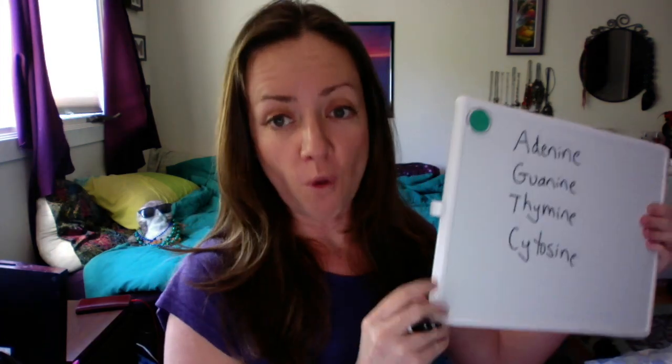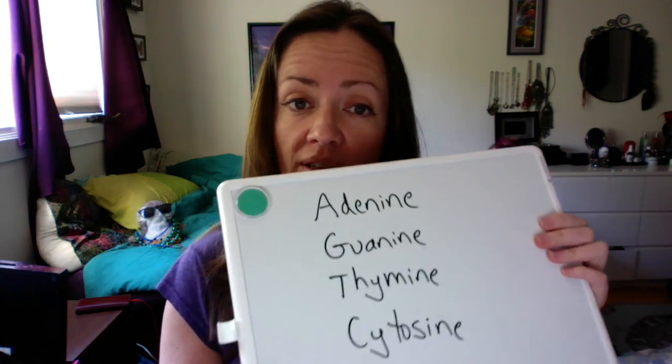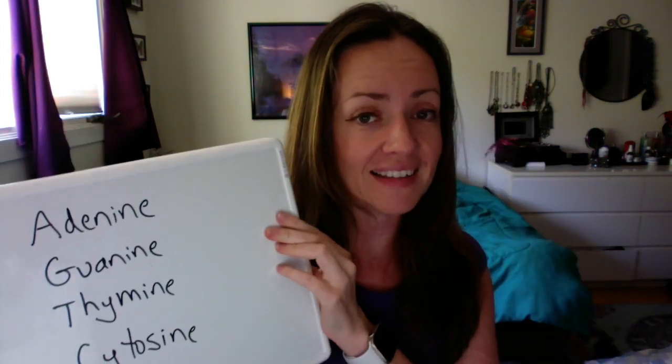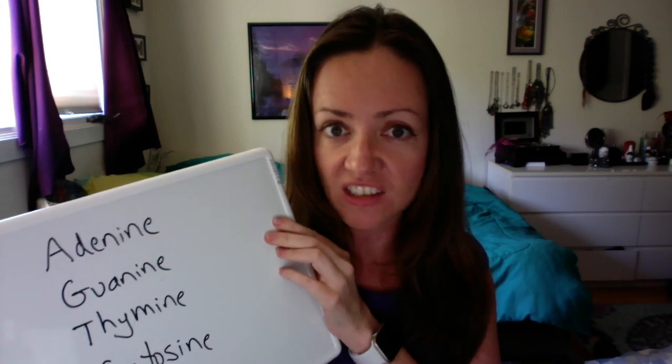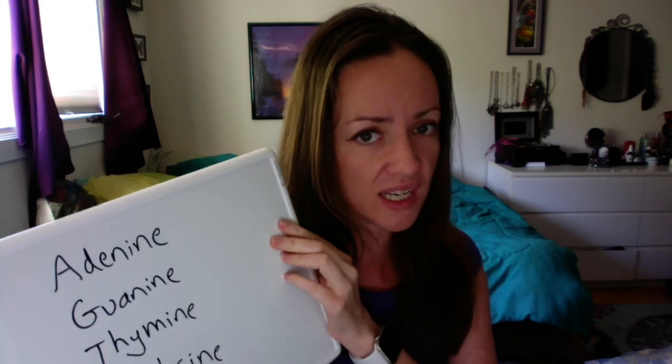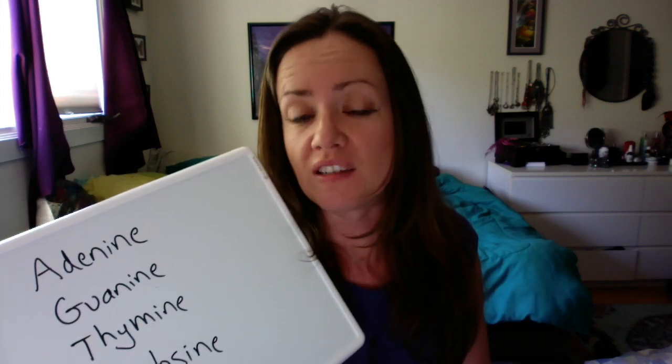So these 4 nucleotides, and these are molecules, pieces of molecules, get put together to form that DNA ladder. But what's really interesting about them is that these nucleotides also act as code, and they physically are a code that the cell reads to build things inside the cell.